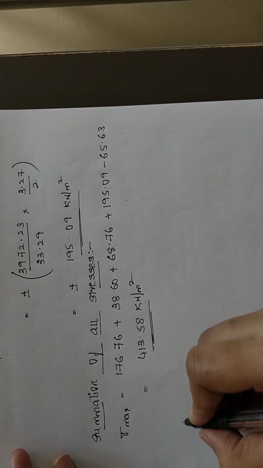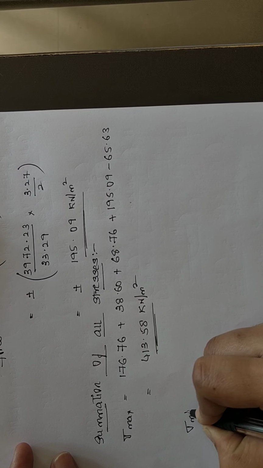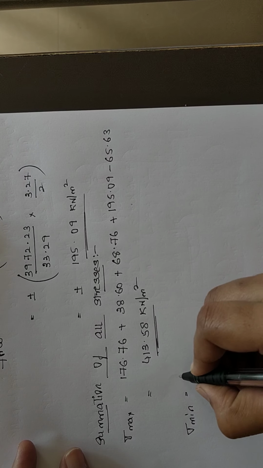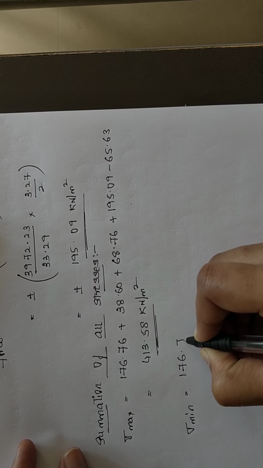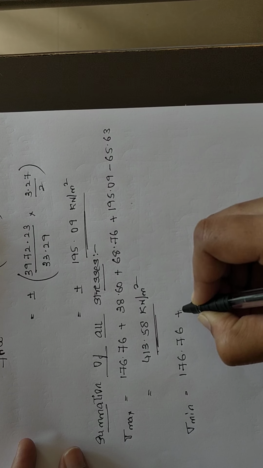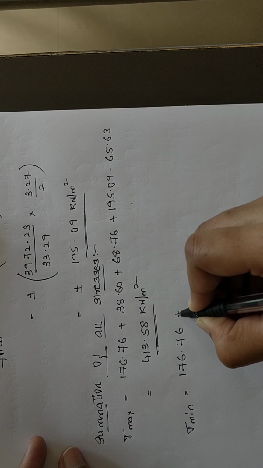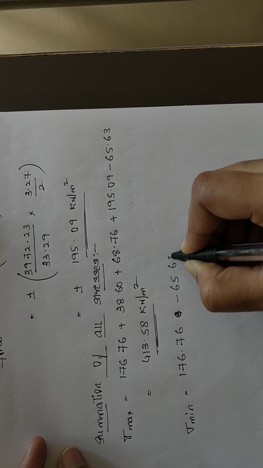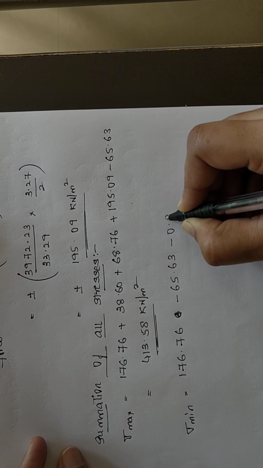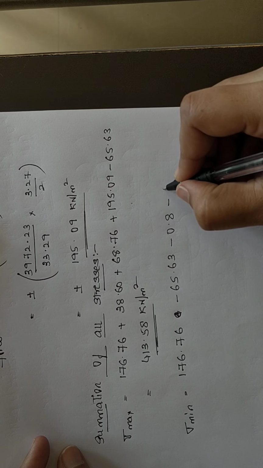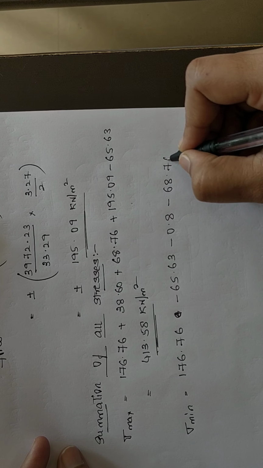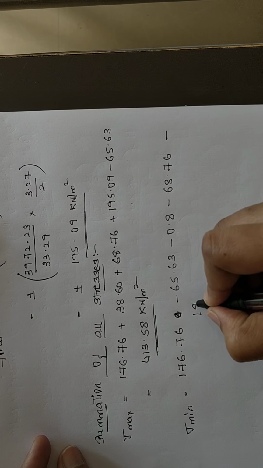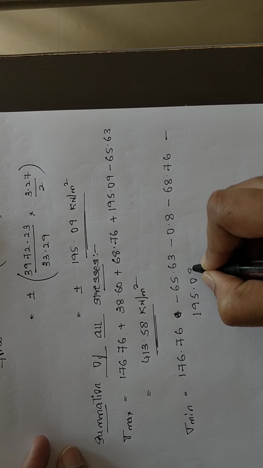Next you calculate sigma minimum. That will be equal to 176.76, minus 65.63, the stress due to buoyancy, minus 0.8, minus 68.76, minus 195.09.